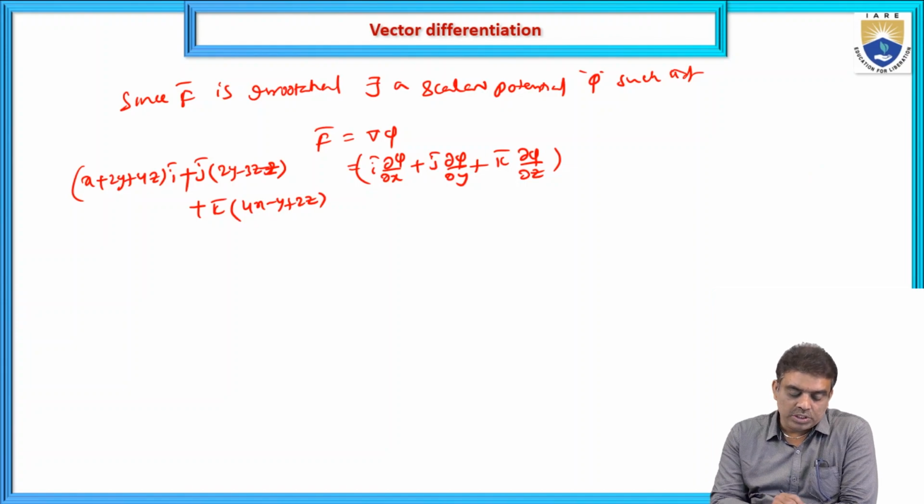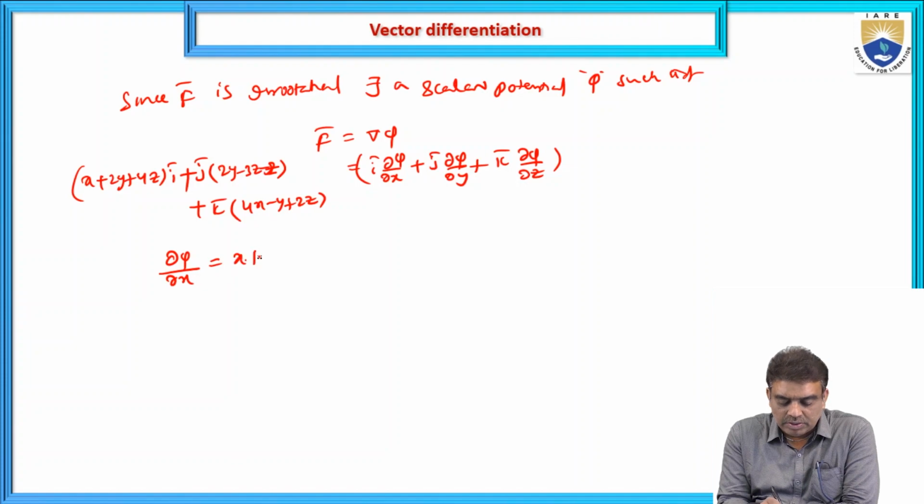So on comparing both sides, the coefficient of i bar will give dou phi by dou x is equal to x plus 2y plus 4z.